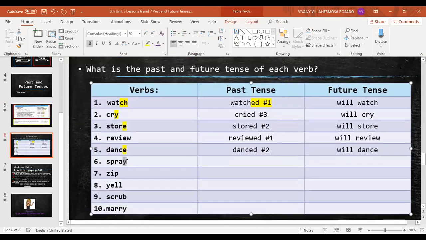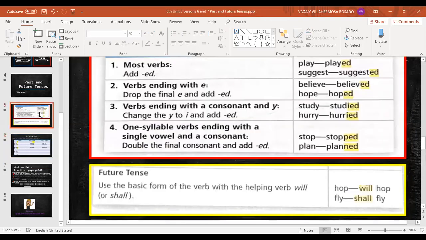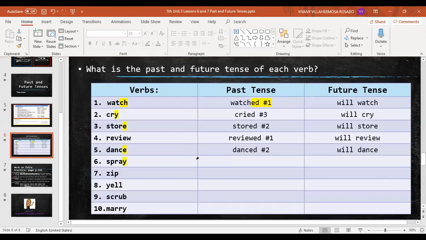It ends with Y. Oh, there it is. Okay. But now I need to look at the letter before it to see if I can use the rule or not. And when I look at the letter before the Y, I notice that A is a vowel. So the rule clearly and specifically states consonant in Y. So I cannot use rule number 3.